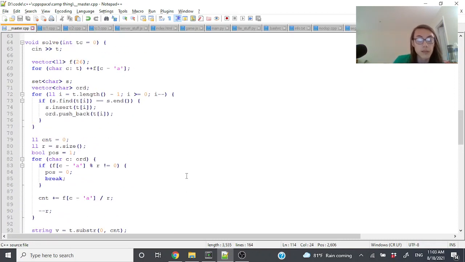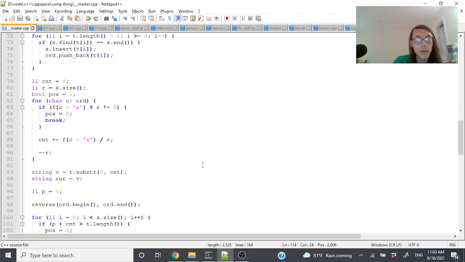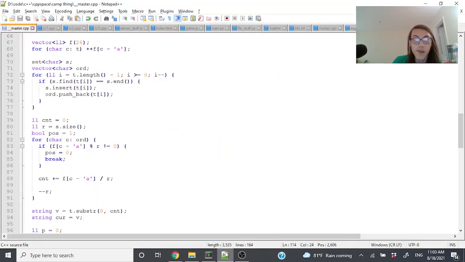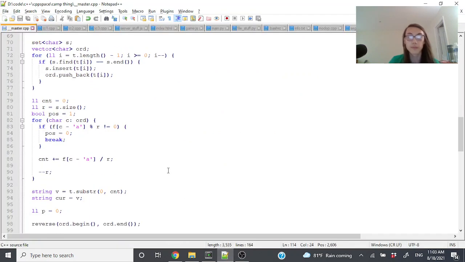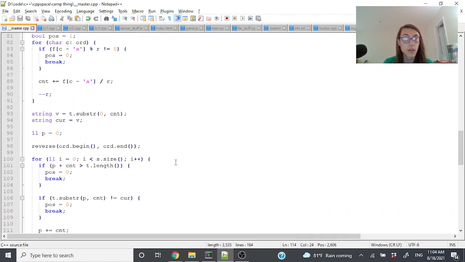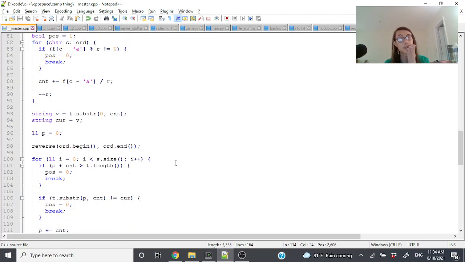Let's define T[i] is equal to S.end. Insert. Pushback. For char c in ord. This can be more efficient, but I don't think it matters. For each character in the ordering, if the frequency is not 0, then do that. The frequency is divisible by r. Sorry, divisible by r, then yeah.